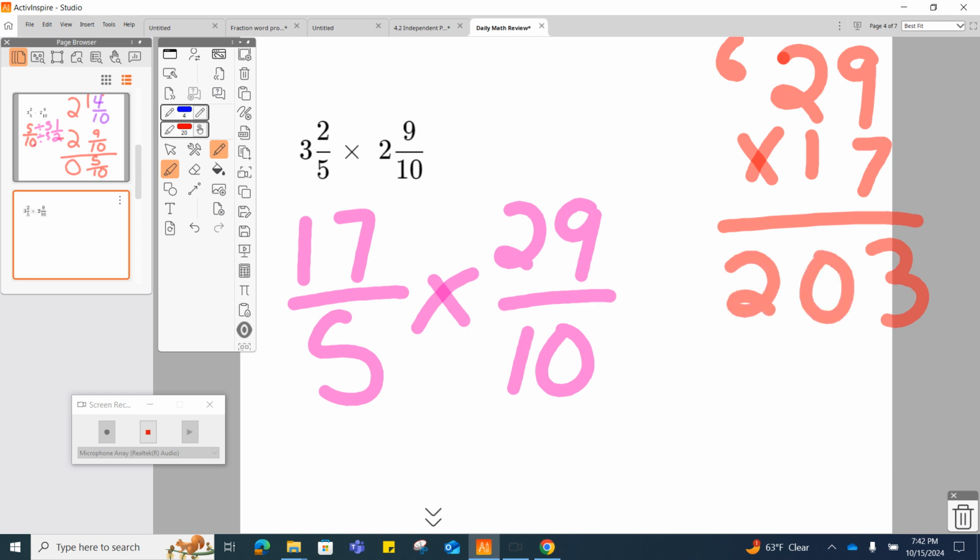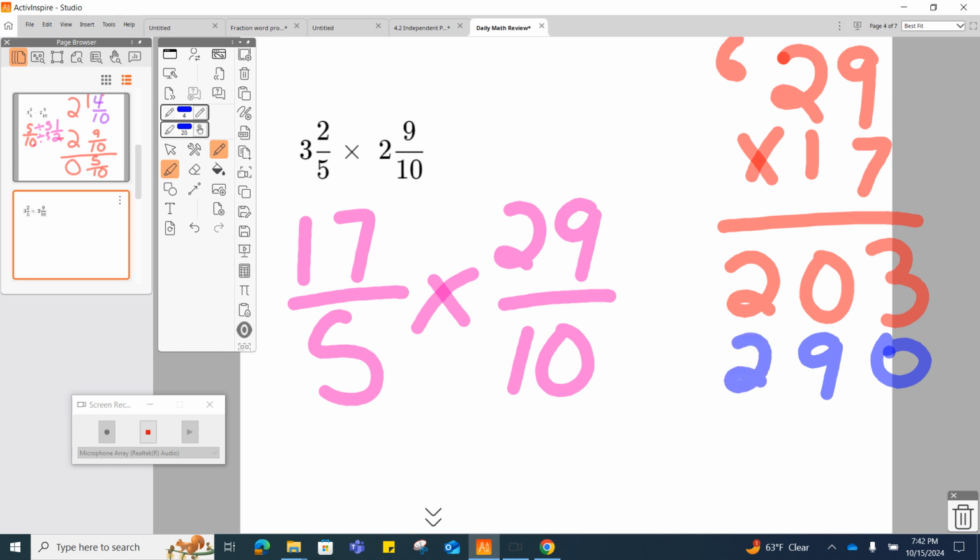Now I have to do the next part. I'm going to change colors here. Let's do blue, because now I'm going to multiply. I'm going to put nothing right there because I'm moving into the tens space. 1 times 9 is 9. 1 times 2 is 2.